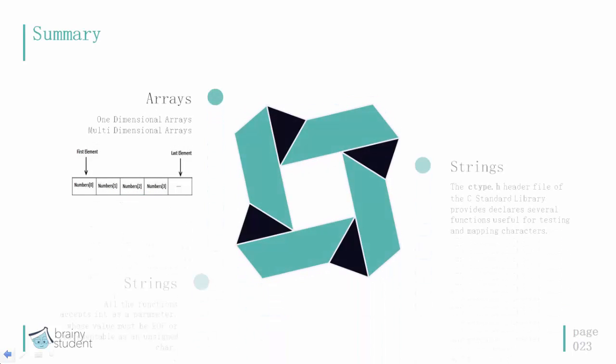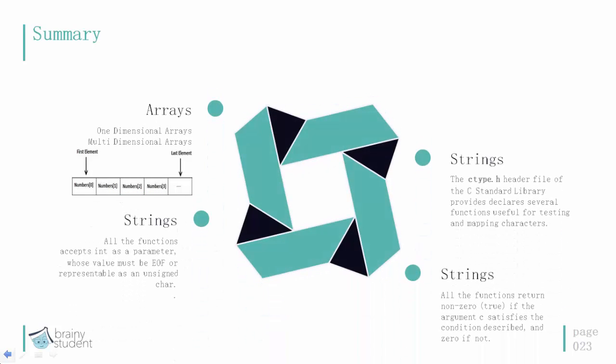Next, we studied arrays. Arrays are nothing but a collection of elements of the same data type. Then we saw one dimensional arrays and two dimensional arrays. For a one dimensional array, the syntax is data type, array name, and in brackets we define the size of the array. And for a two dimensional array, the syntax is data type, array name, then we define the row size and column size.